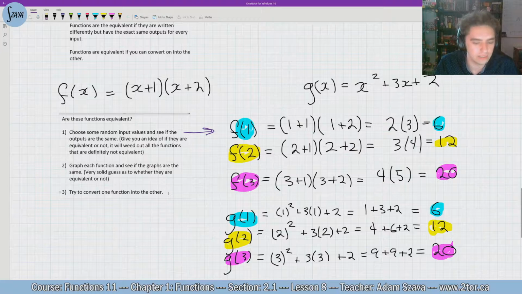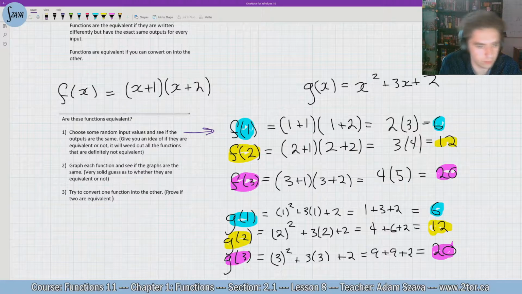The only way to prove if two functions are equivalent is by using this method.